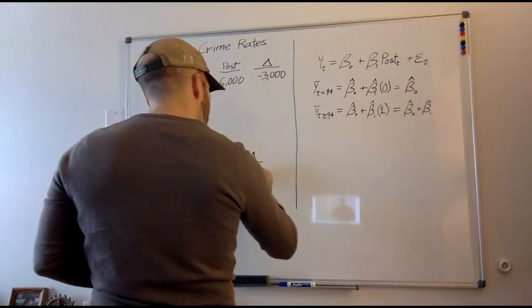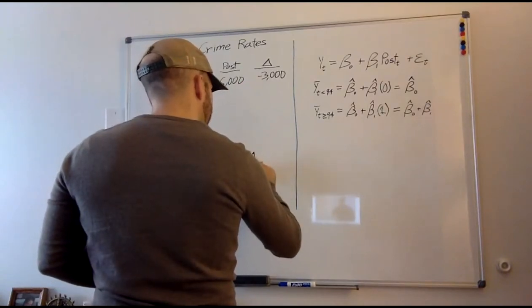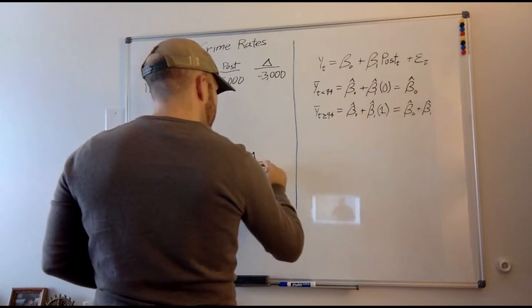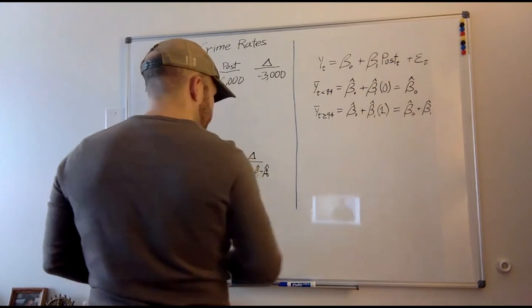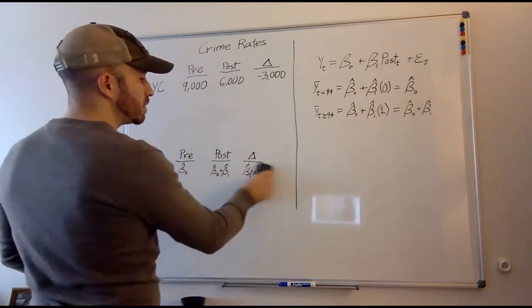So that's beta naught hat plus beta 1 hat minus beta naught hat, which is just beta 1 hat.